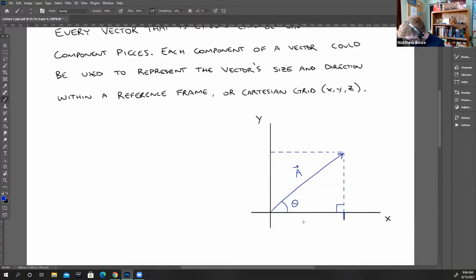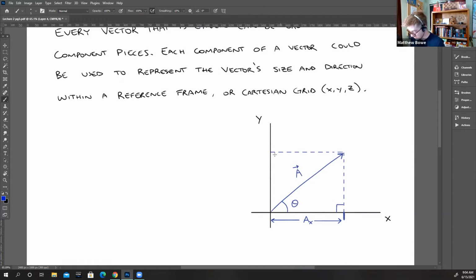So I'm going to call that A sub x. This is just a small value representing what axis it's on. That is specifically just this length right here, and that is a scalar value. So what is the base of this triangle? That's A sub x.